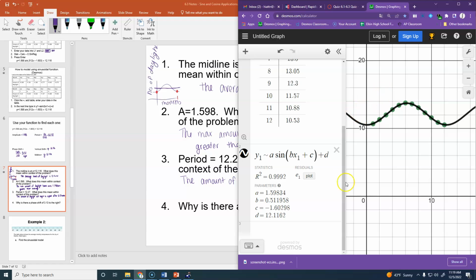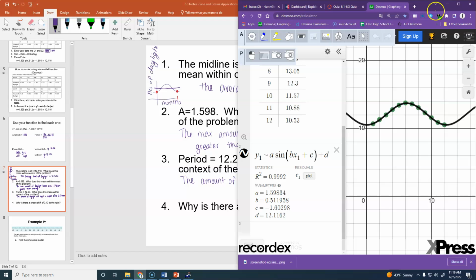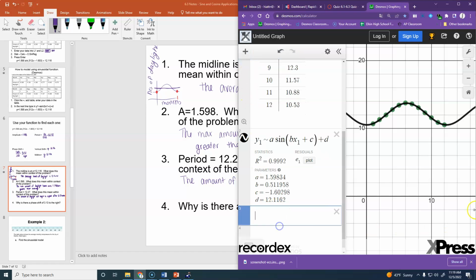All right, so let's look at this. Here's our graph. And actually, I don't even have to write on this. Let me do this instead.